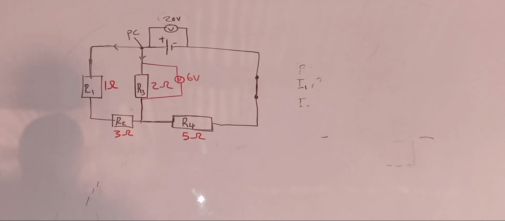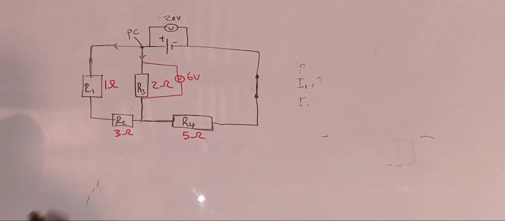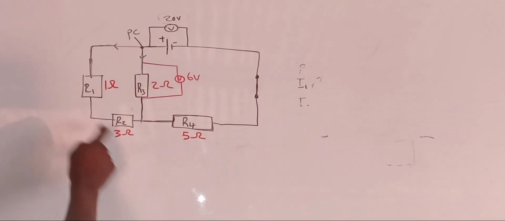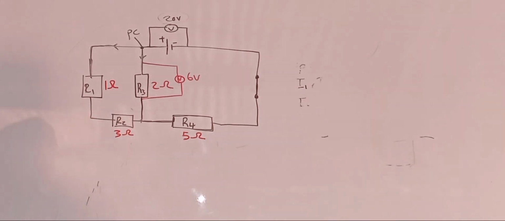We said that in a parallel connection, the voltage is the same. Then inside the parallel connection, if we have a series connected resistor, we'll add those resistors. Make sure that you follow, guys. This is very, very important.